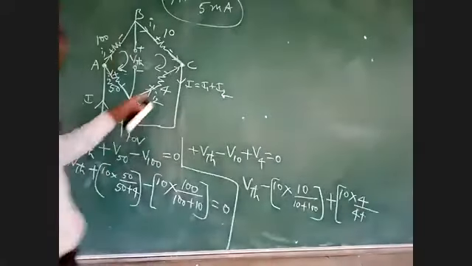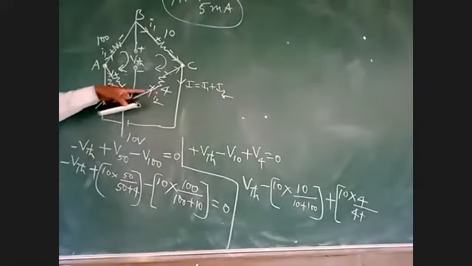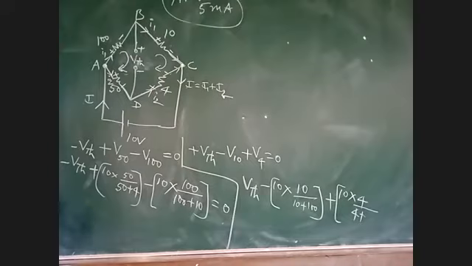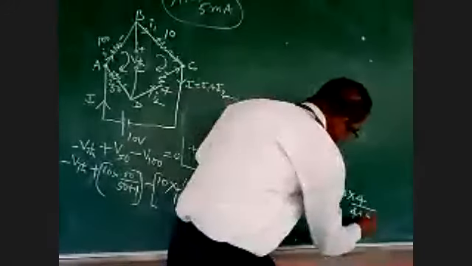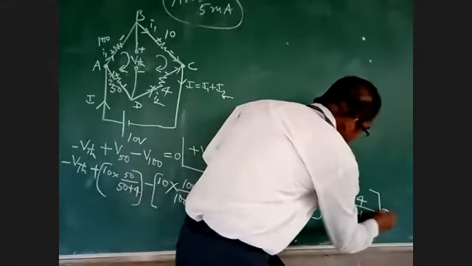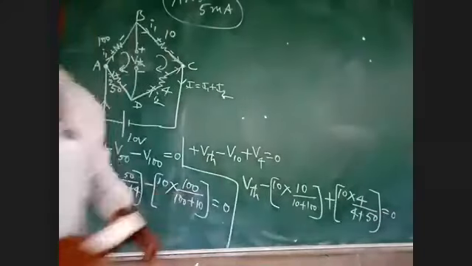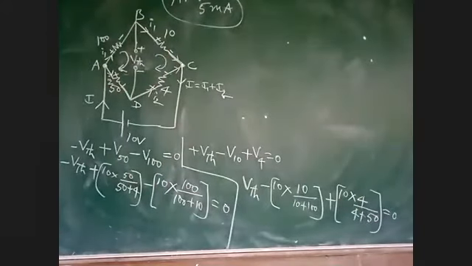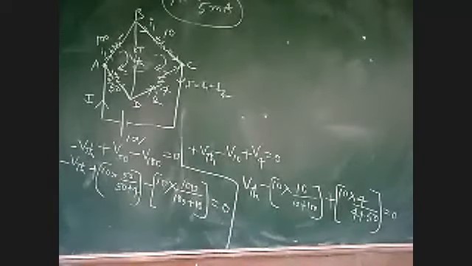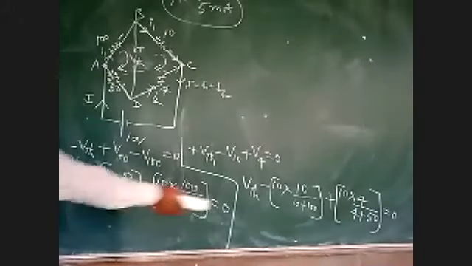For 4 ohms, what is in series? 50. 4 plus 50. Because it is in series, we apply the voltage divider. Remember, in series connection only you can apply voltage divider. In parallel, we can apply current divider. Here we are considering series connection. Now determine the VTH here and VTH here.